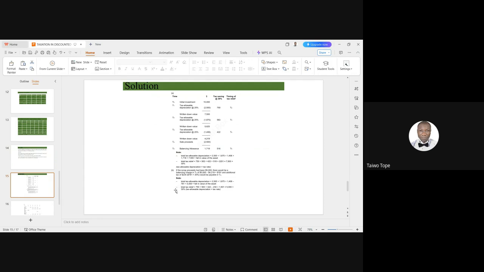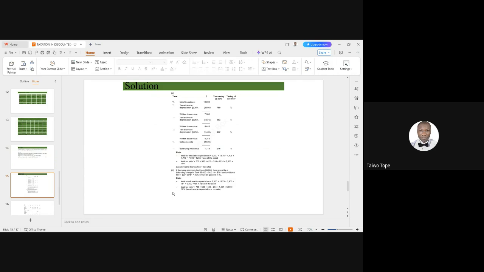So note that total tax allowable depreciation is 2,500 plus 1,875 plus 1,406 minus 781, and we're going to have a fall in the value of the asset. So we have 5,000. So total tax relief will now be 750 plus 563 plus 422 minus 234, which is the additional tax as computed above. So we have what?